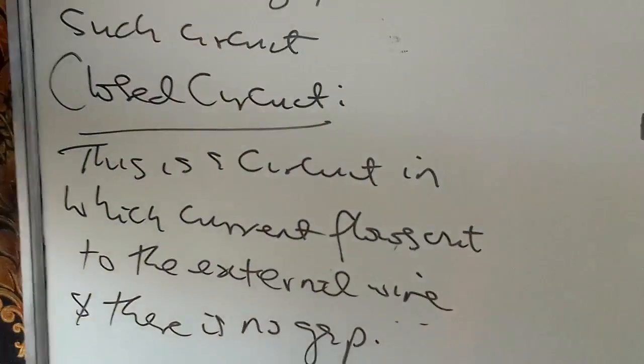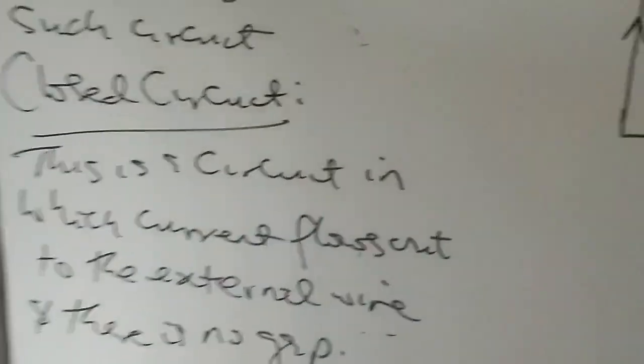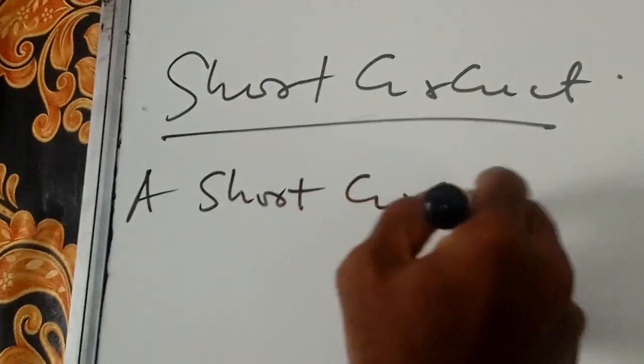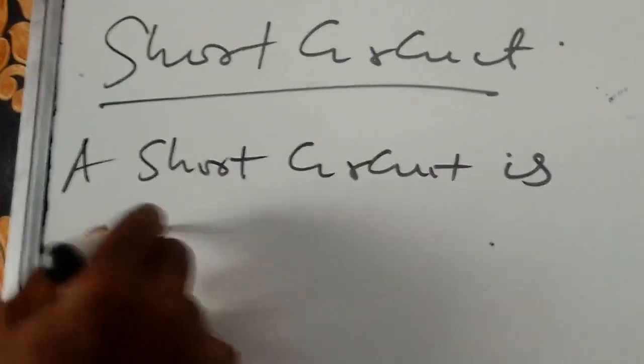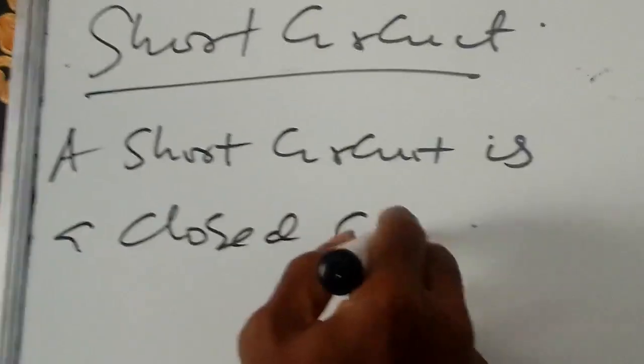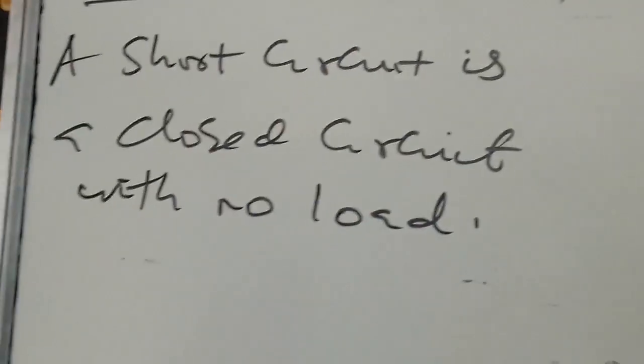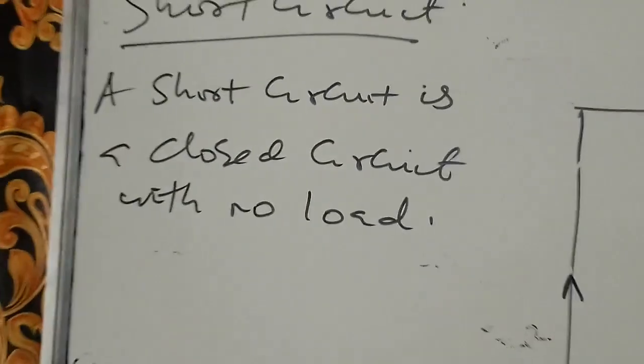Then the third type of circuit is called a short circuit. A short circuit is a closed circuit with no load. A closed circuit with no load is called a short circuit.